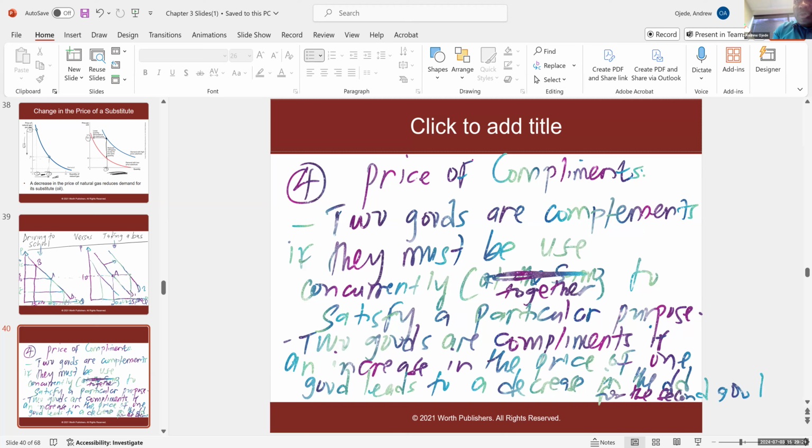Then we say those two goods are what? Complements. Or you could say, and vice versa. That means if there's a decrease in the price of one good, that should lead to an increase in the demand for the second good.